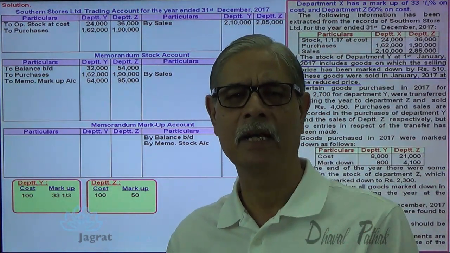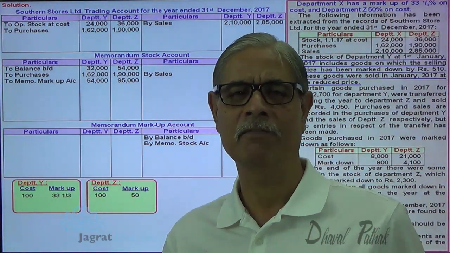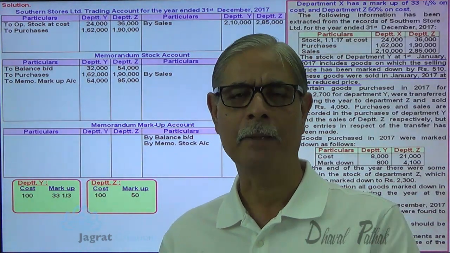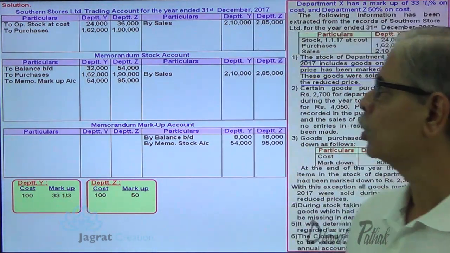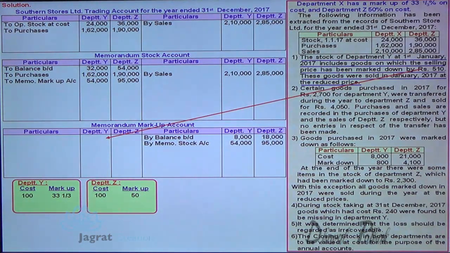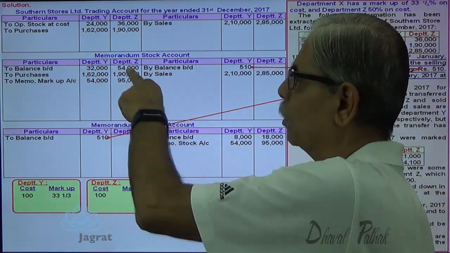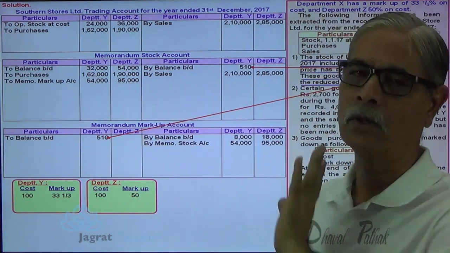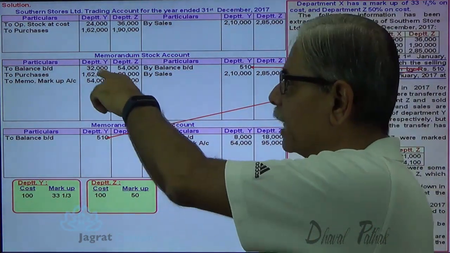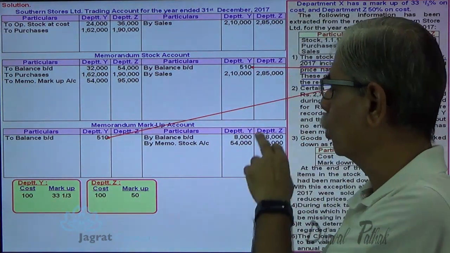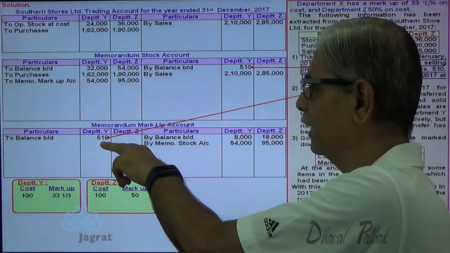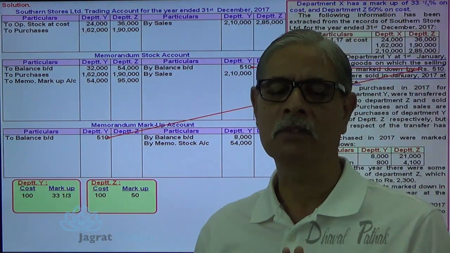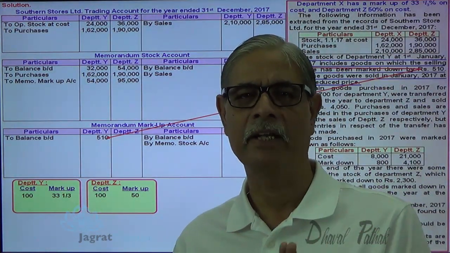That also can be done. That also I can demonstrate in one of the sums that I may upload in future. So 510 markdown I write on the debit side of Y department. This is the opening balance of markdown, recorded as opening balance. Or alternatively, you can deduct from 32,510 or you can deduct 510 from 8,000. Both accounting treatments are fair enough.